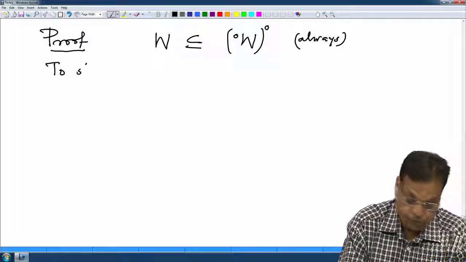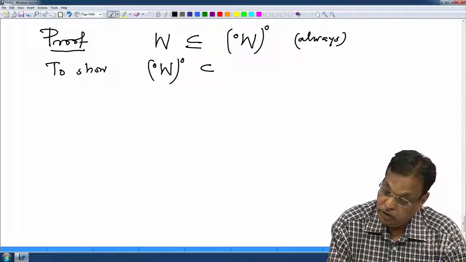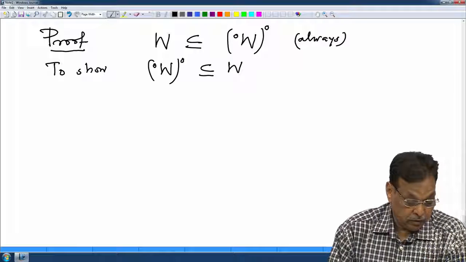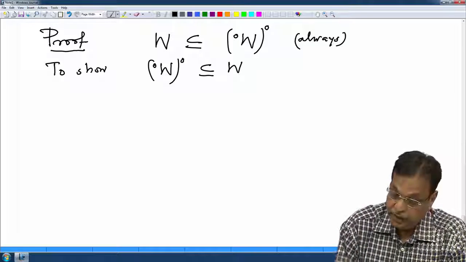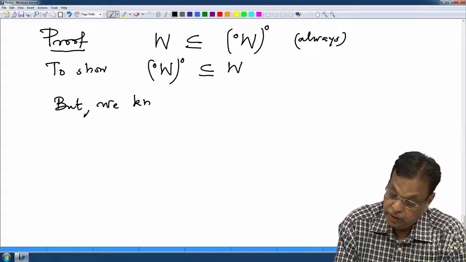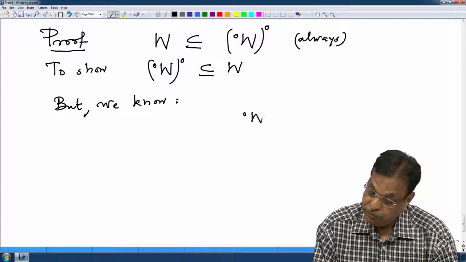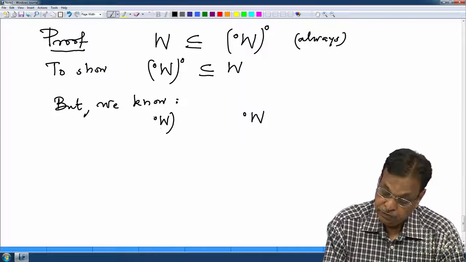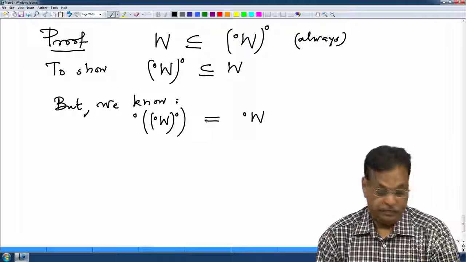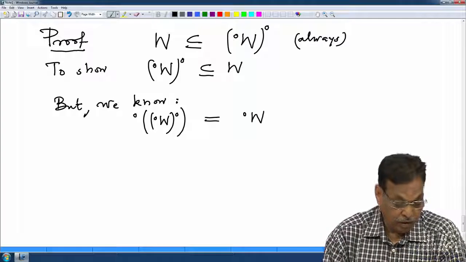To show left circle W and then right circle W is contained in W. Definitely, we know from the basic property that I listed above that if I take left circles, then they are equal. This we know as we have proved earlier.